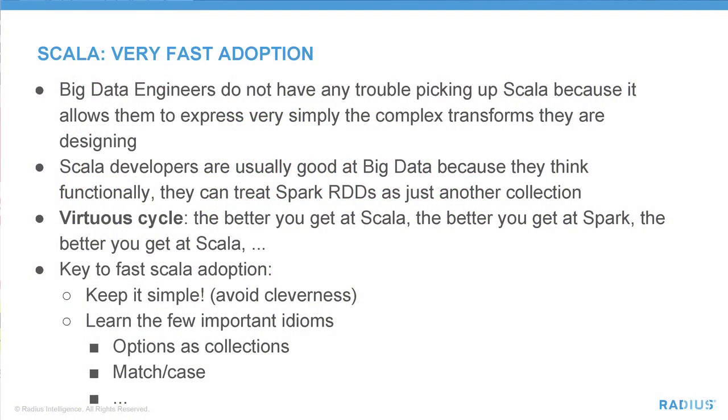We saw a very fast adoption of Scala at Radius. First off, big data engineers didn't have any trouble picking it up because it allowed them to express very simply the complex transforms they were designing. So no problems there.